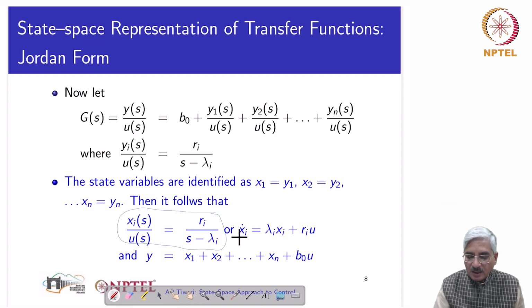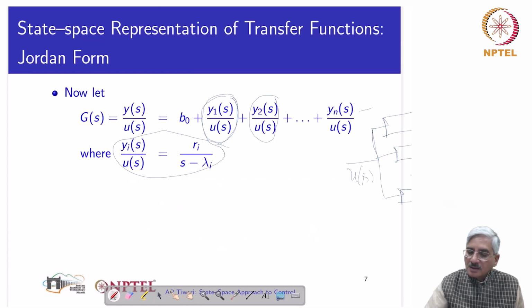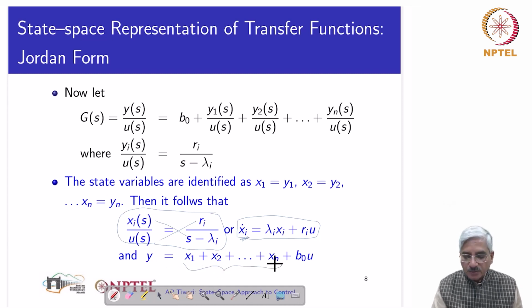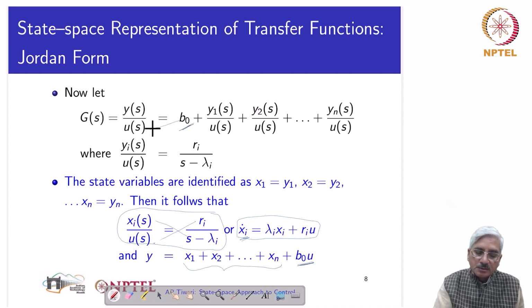By cross multiplication and doing the inverse Laplace transform, it will give first derivative of xi equal to lambda i xi plus ri times u, this way. And the output, as I explained in the previous slides, is the sum of these outputs y1, y2, etc., and each one has one state xi. So the output is formed by combining all the respective states x1, x2, etc. up to xn, plus b0 times u.